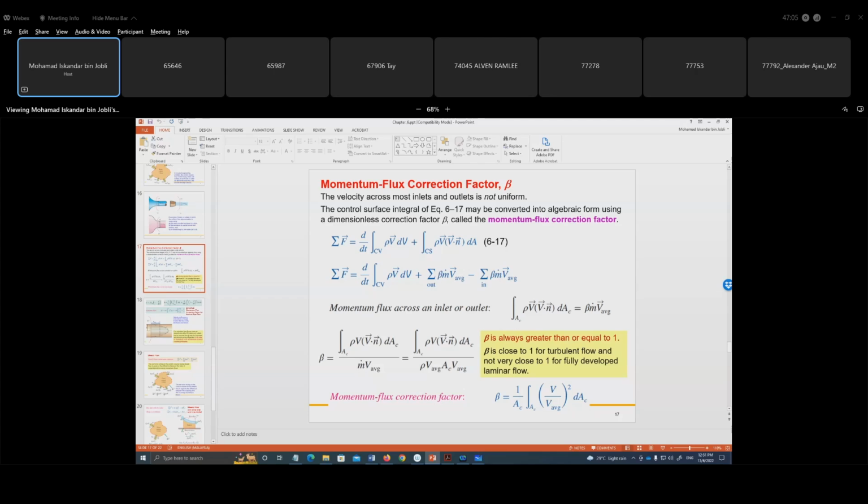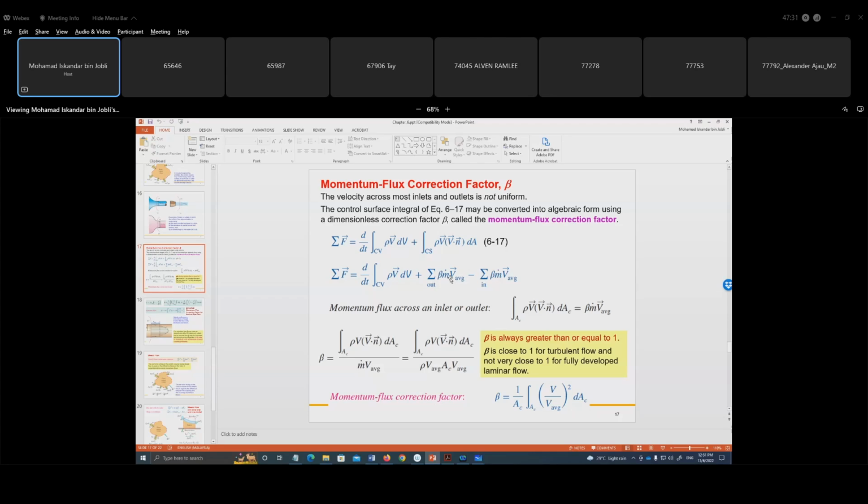The B here for turbulent is 1. For laminar, I think it's not 1, right? There will be a different value. I think the value for the B will be given for any calculation, so you don't have to worry. Momentum flux across an inlet or exit: after you differentiate this with respect to A, this is what you are going to get.